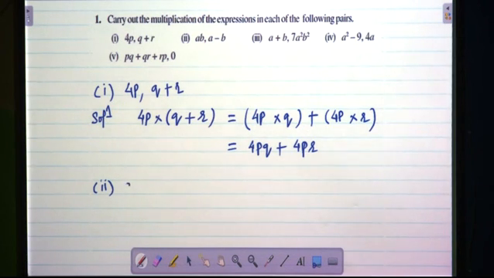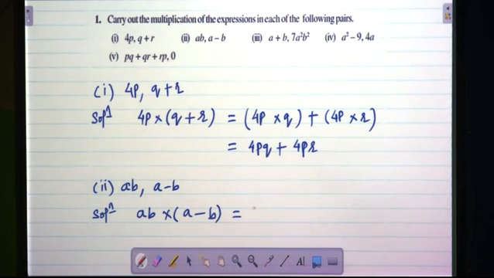The second sum, AB is one expression, A minus B is the second expression. How we are solving it? It is AB into in bracket A minus B. So, again in the first bracket AB multiplied to A. Now, in between sign between A and B in the second expression is minus and AB is plus.